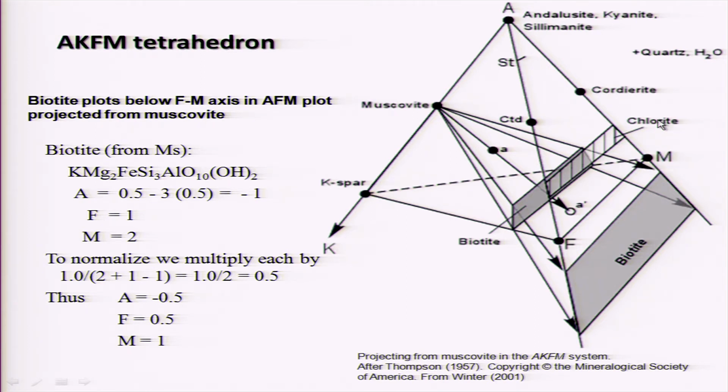The minerals commonly present in the metapelitic rocks include chlorite, which is an iron magnesium hydrous mineral, so it plots on the AFM phase; chloritoid, which is an iron bearing aluminosilicate that plots on the AFM phase; cordierite, a magnesium bearing phase that plots again on the AFM phase; and garnet, which also plots on the AFM phase.